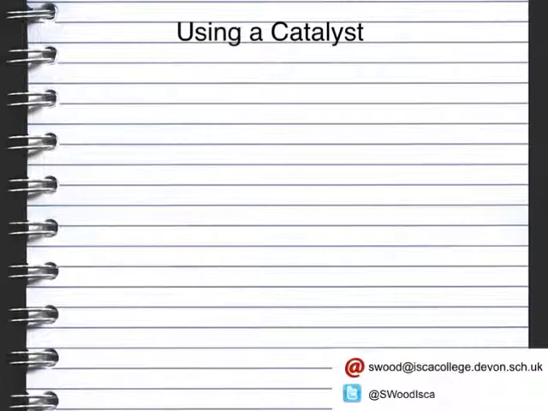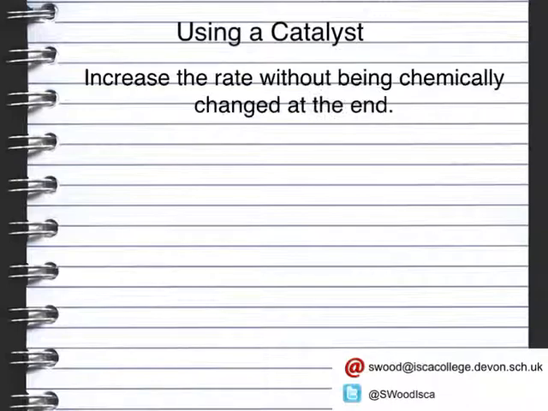Now a catalyst is a chemical that you can add to a reaction and it will remain unchanged at the end of the reaction. What the catalyst can actually do is either speed up a reaction or start a reaction.